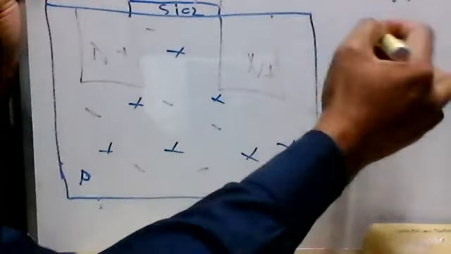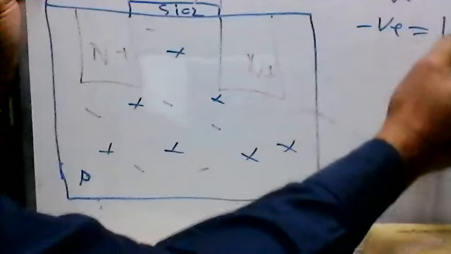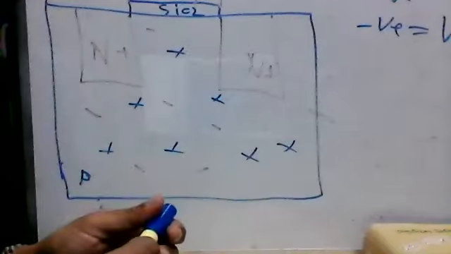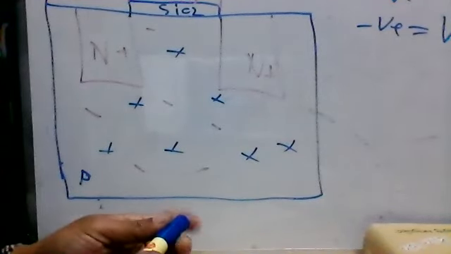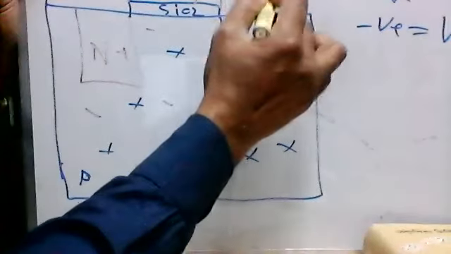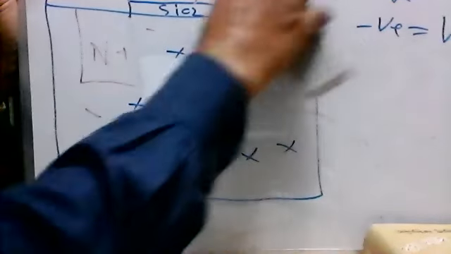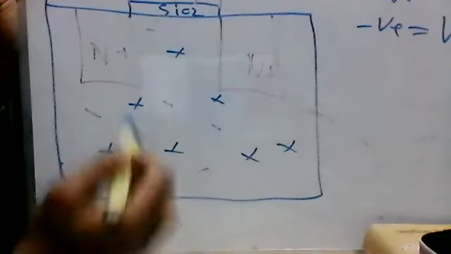And the negative voltage we call VSS, right? Not ground. The negative voltage is called VSS, and the positive voltage is called VDD. So we apply a positive voltage here, VDD, right? If we apply a positive voltage, what will happen?